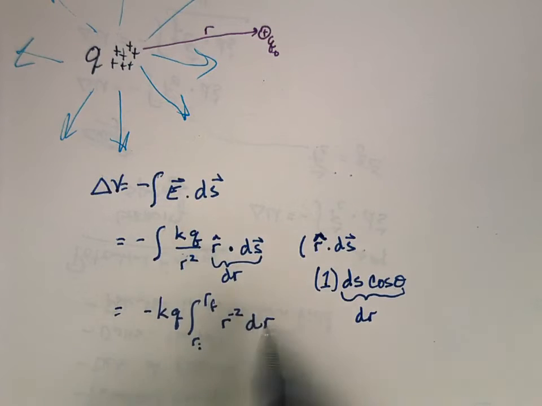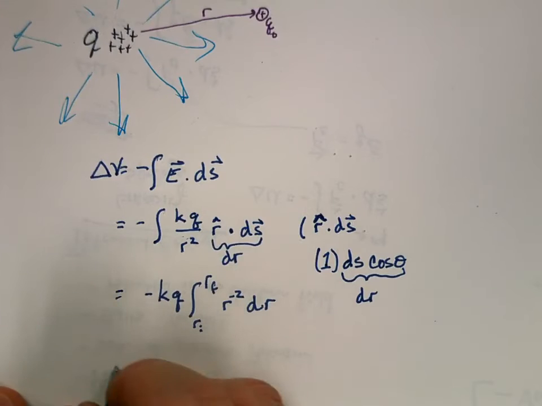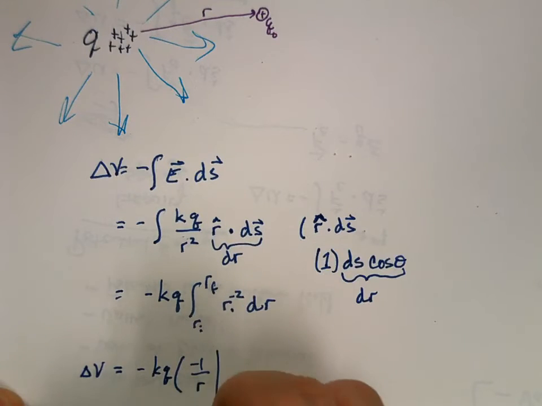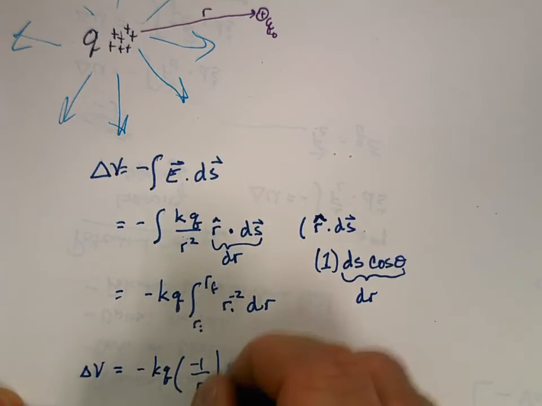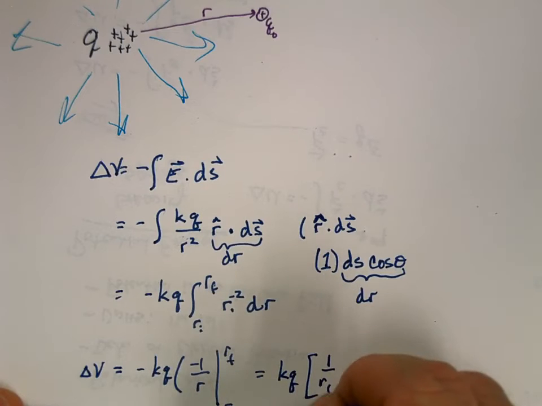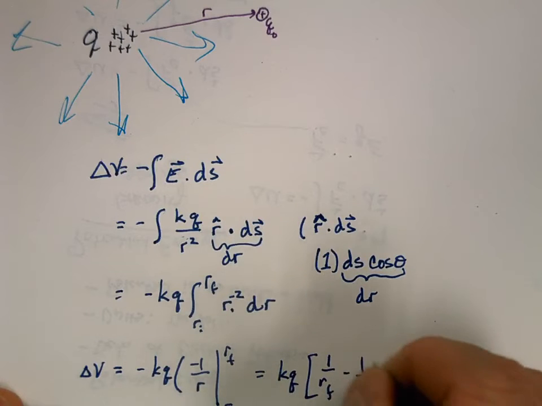This is a relatively simple integral from here on out, because it gives our delta V equals negative kQ times negative 1 over r, evaluated from r initial to r final. The negative can pull out, so we get kQ times the quantity 1 over r final minus 1 over r initial.